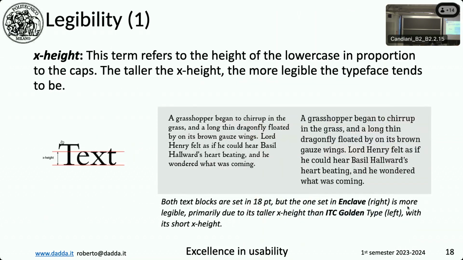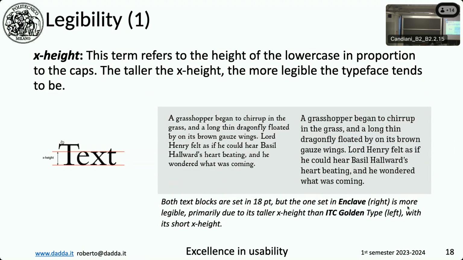Legibility depends on several factors. Let's see the main factors of legibility, and please take note of this. You will have the presentation, and use it. Whenever you need the customer to read something that you write, make it as legible as possible.